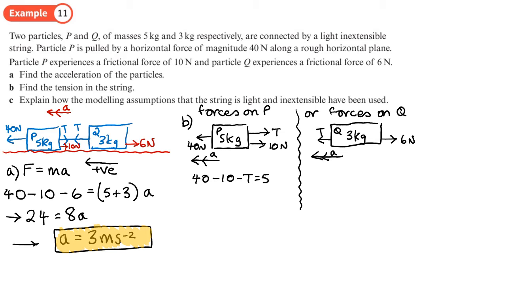So 5 times a, and we worked out a, that was 3. So we have 30 minus T equals 15. So T is going to equal 30 minus 15. So you get T equal to 15 newtons.